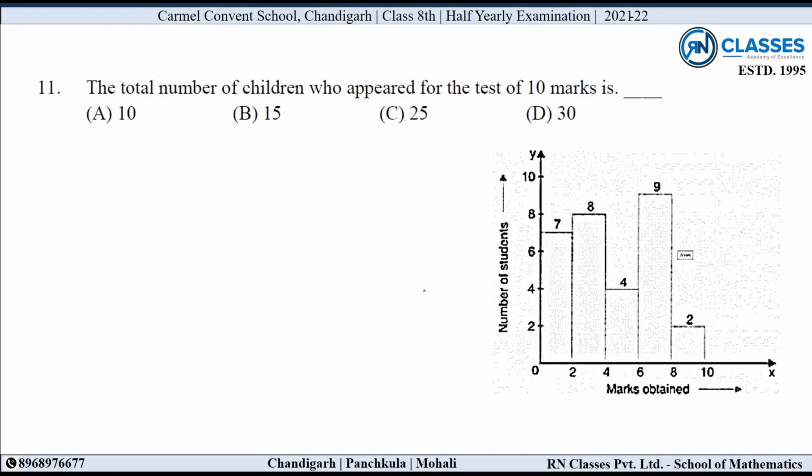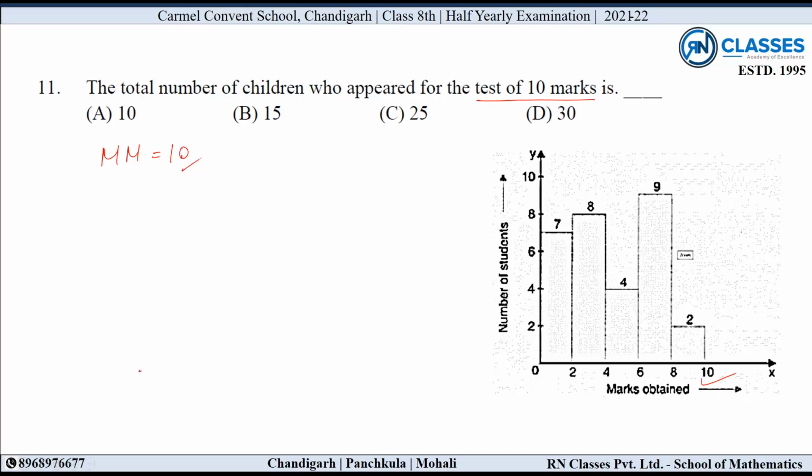The total number of children who appeared for the test of 10 marks is. Marks obtained 2, 4, 6, 8, 10. Maximum marks in the test is 10.